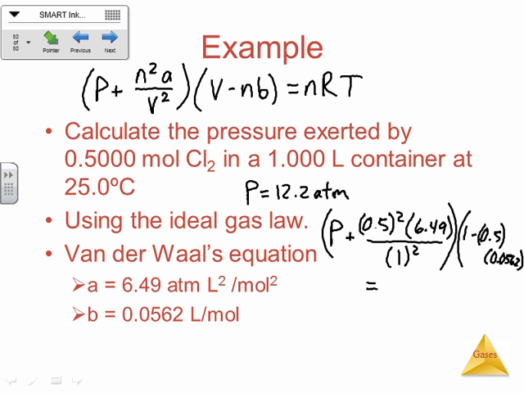And that is all equal to nRT, which is 0.5 times 0.08206, since a is given to us with atmospheres, so we need to keep that consistent, times our temperature, which again is 298.